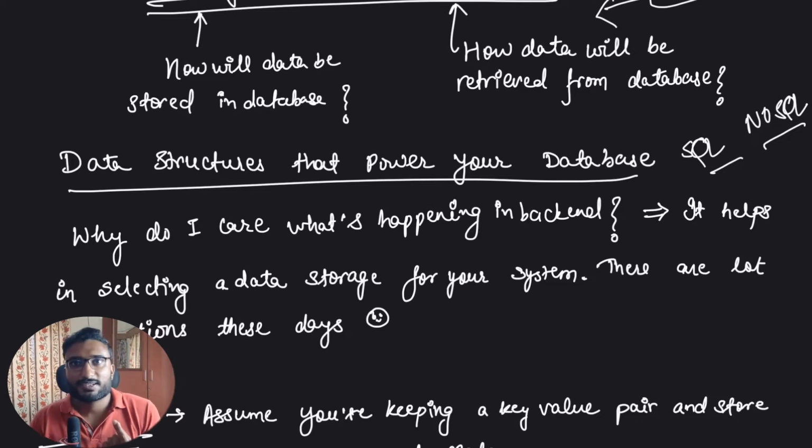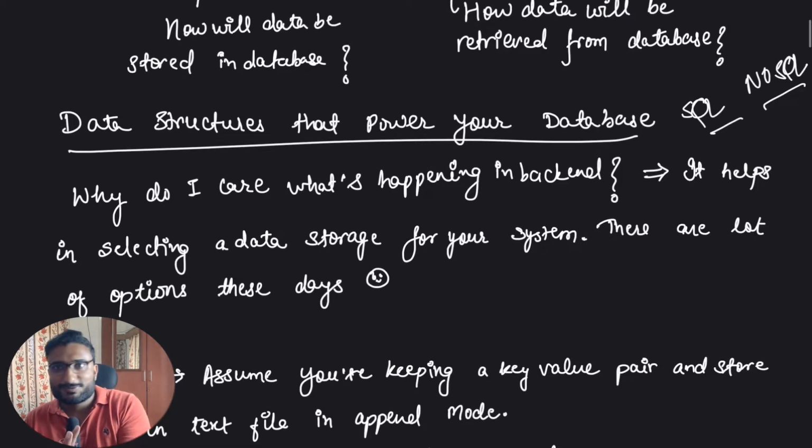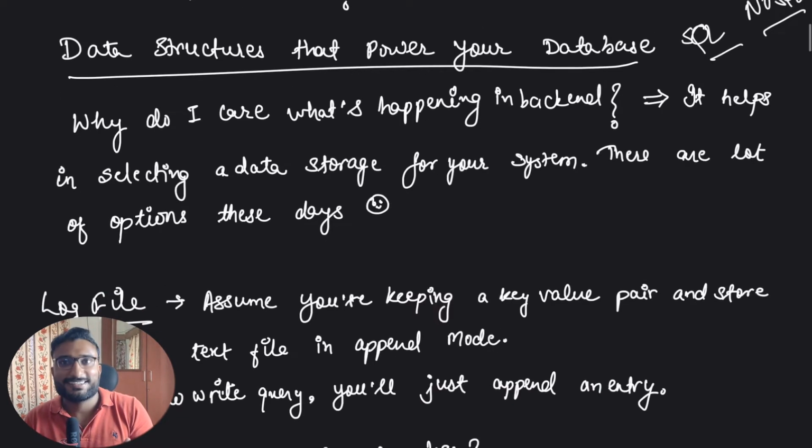Similarly, in SQL, there is Postgres, MySQL, Aurora. So a lot of options are available. If you have some understanding of the internal architecture and the data structures in use, you can take better technical decisions and better business decisions, knowing that this particular database will serve your use case better. Okay, the intention is clear, why we should read this chapter.